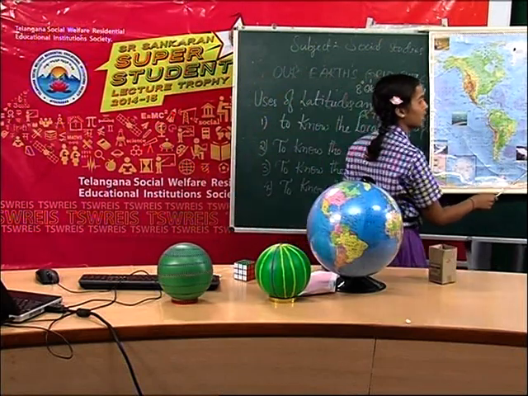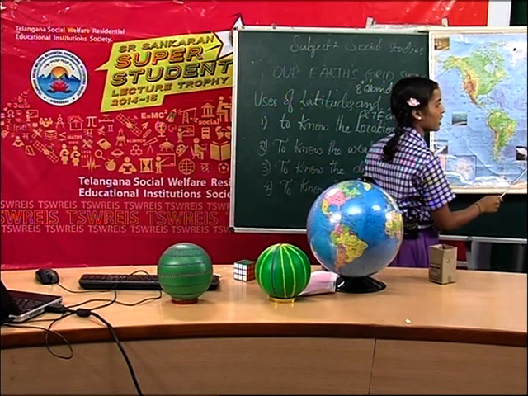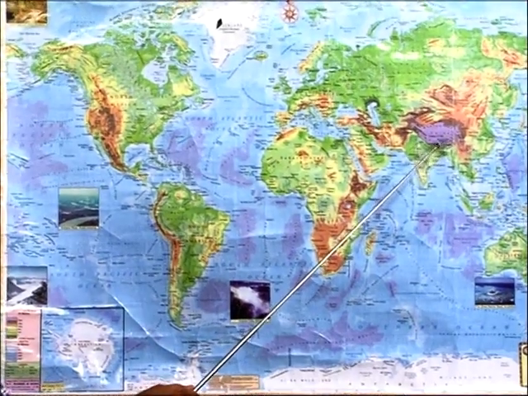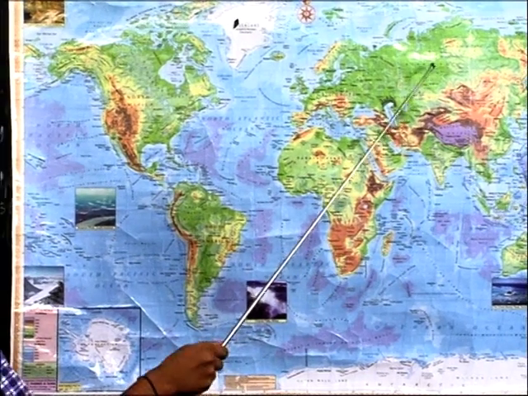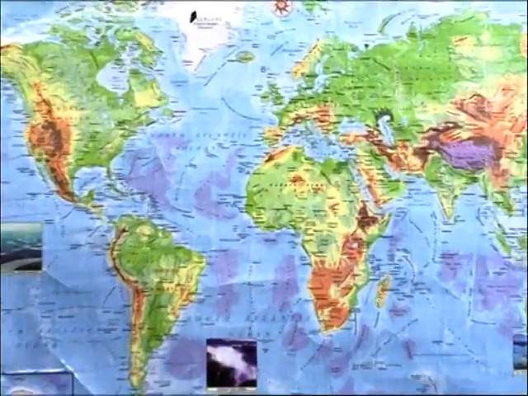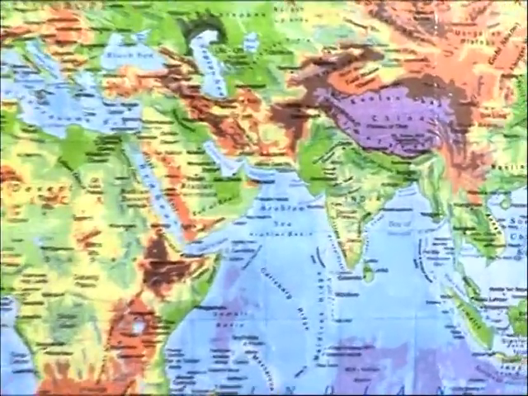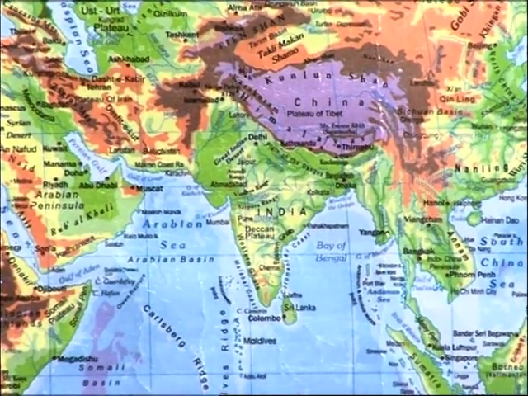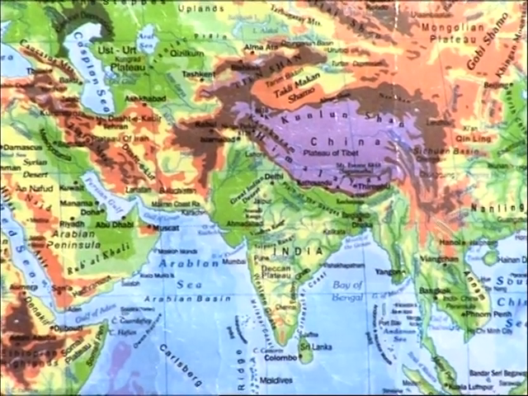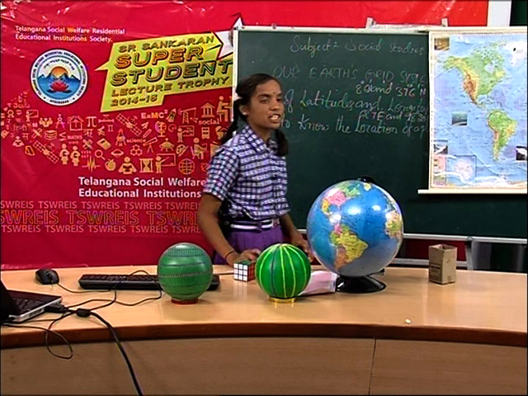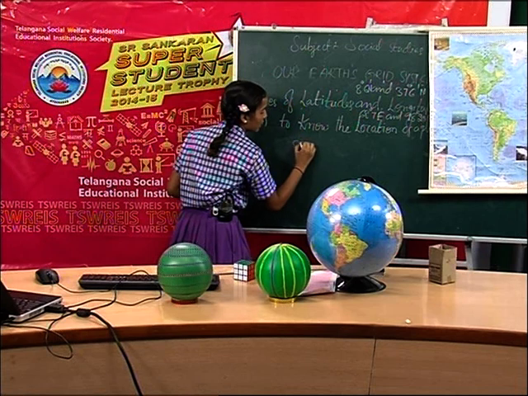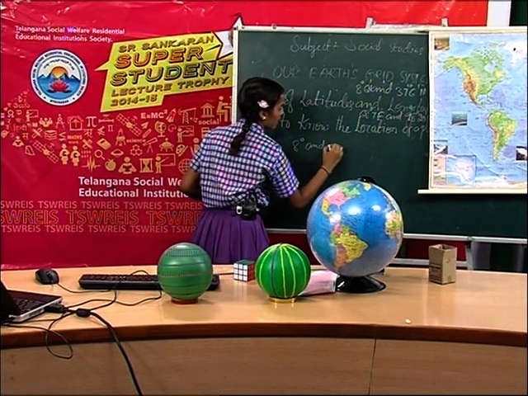For example, here India is located between 8 degrees 6 minutes north and here 37 degrees 6 minutes north, and here the distance between the north and south ends of India is, here the difference is 8 degrees and 37 degrees.